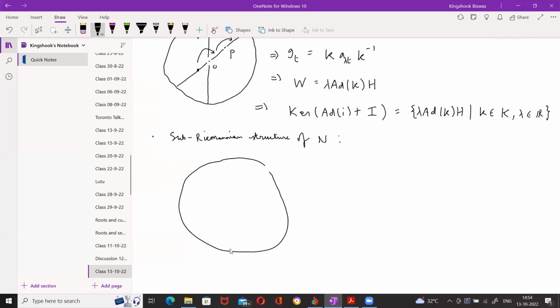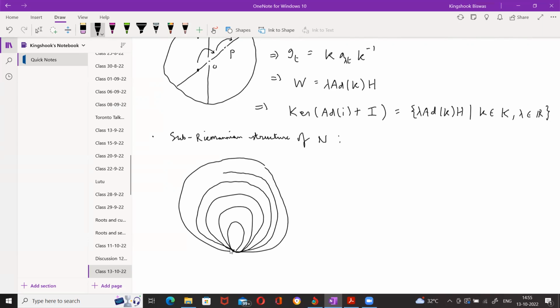So what happens is you foliate your space by horospheres. These are codimension 1 submanifolds.